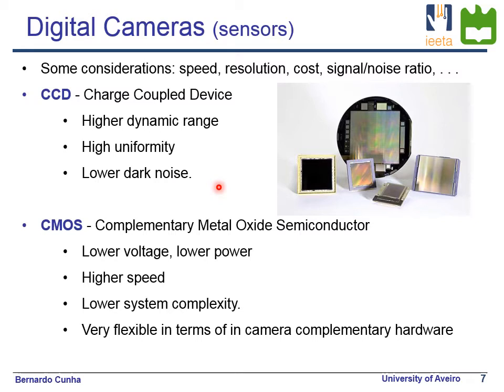Dark noise is basically the noise that appears on the image when there is no outside source of light. And this is called dark noise. Basically, this is thermal noise. And in the case of CCDs, the dark noise is smaller or lower than the one you can find in CMOS.